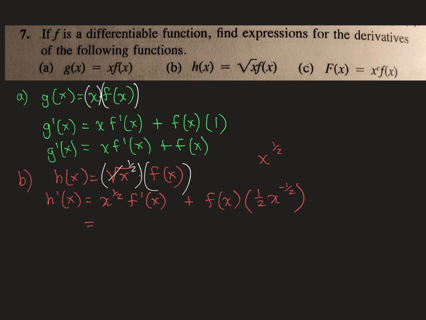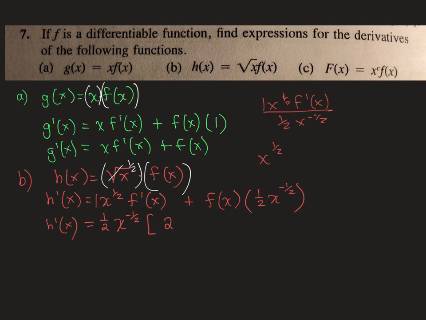Alrighty, now as far as cleaning this up goes, you could leave it like that, but generally speaking, you don't want fractions and you don't want negative exponents. So we could factor out a fraction of 1/2 and factor out x to the negative 1/2, because if we do that, we'll get nicer terms inside, like whole number exponents and stuff. So if we're dividing that first term, x to the 1/2 f prime of x, by 1/2 x to the negative 1/2, the 1 essentially divided by 1/2 would become a 2 now.